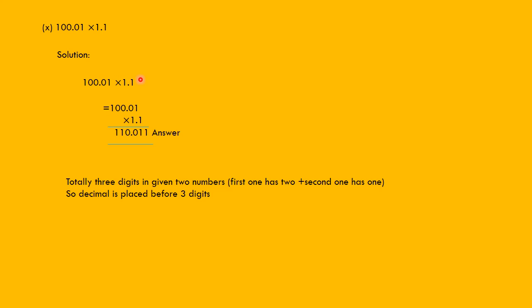In the product, you just leave 3 digits to the right, 1, 2, 3, and put a decimal here. Okay. So it is 110.011, because 2 decimal places here and 1 decimal place there make 3 decimal places in total.